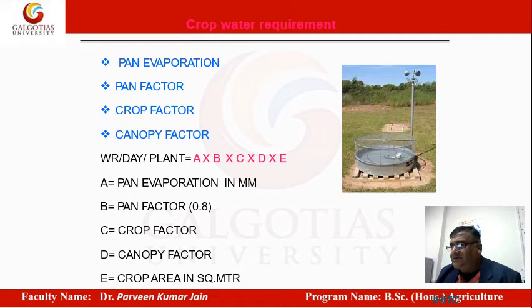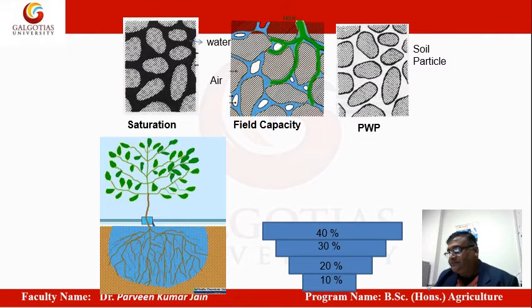So on that basis the factors are there. They are also available in the form of tables, just like periodic tables. Then there is the crop area in square meters, and on the basis of this there is a calculation, and you come up with the water requirement for the crop.